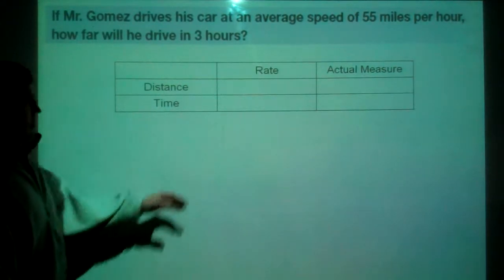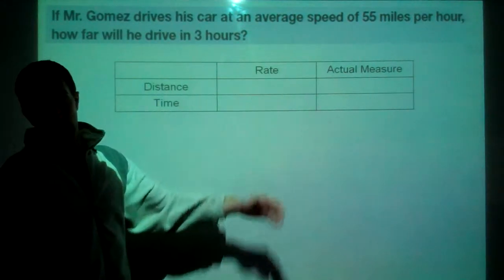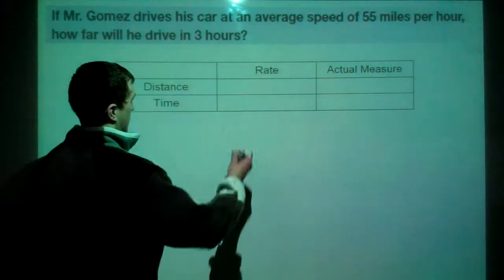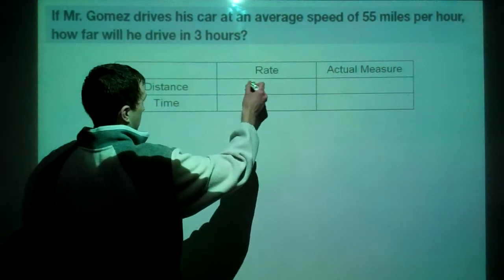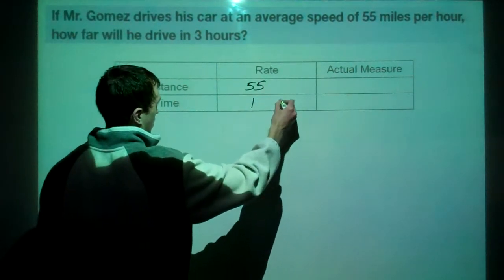And we can see that rate is part of the root word of ratio. So they do relate to each other. So we can use a ratio table to do this. Another way that I can write 55 miles per hour is a distance of 55 miles in 1 hour.